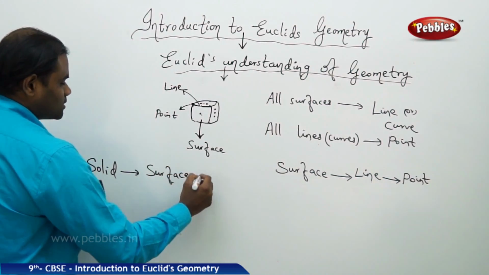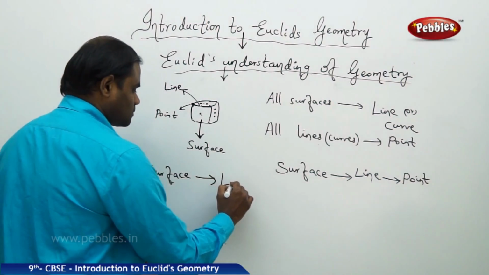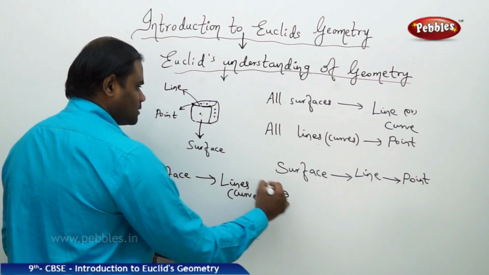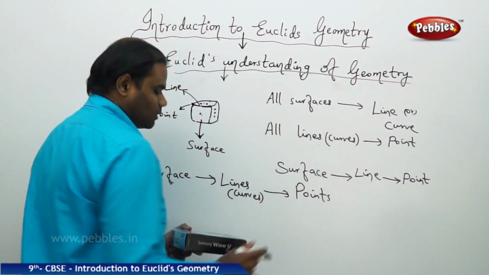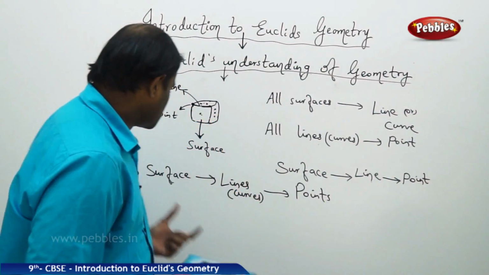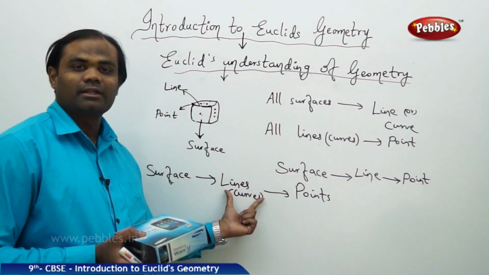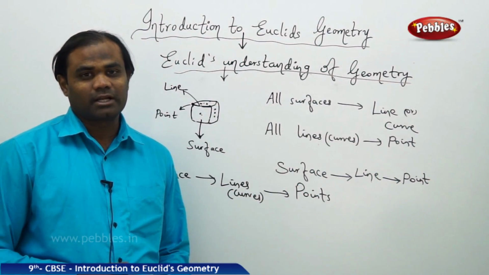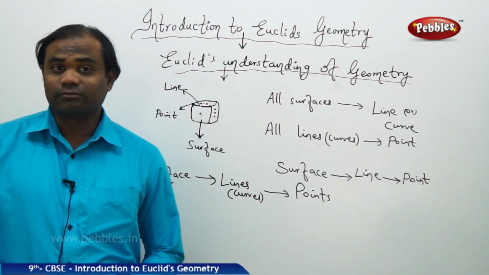The solid makes the surface, and the surfaces make the lines or the curves, and the lines make the point. So the solid structure defines the surface, surfaces define the line, the lines define the points, is how we understand the transition series in Euclid's understanding of geometry.